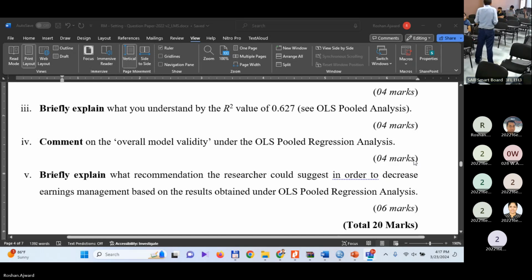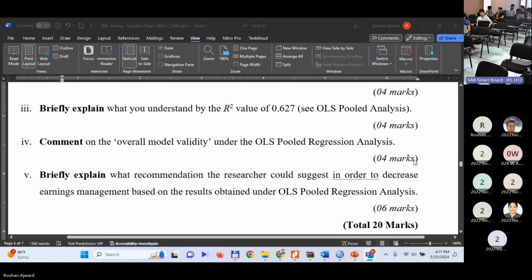That means there is almost 38% of the variation of the earnings management variable explained by other variables that are not considered in this model. If you write that, you get 4 marks. Right.